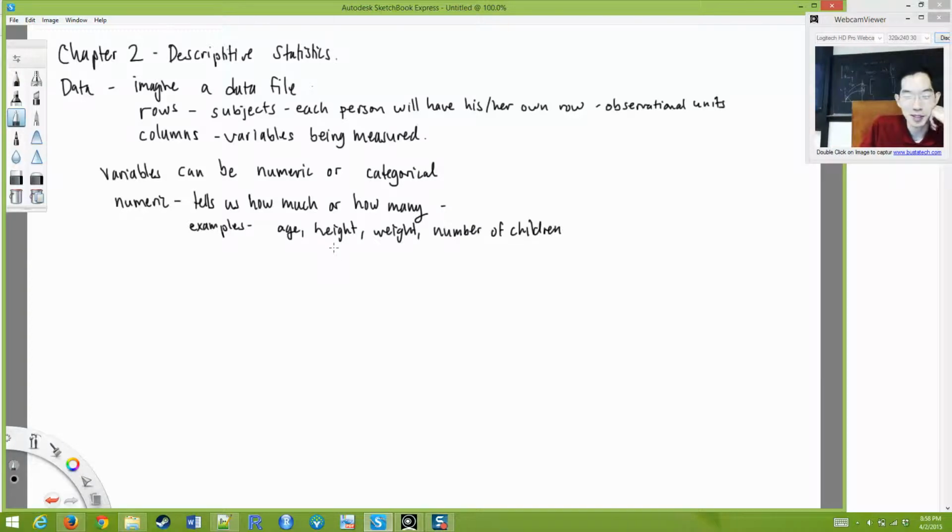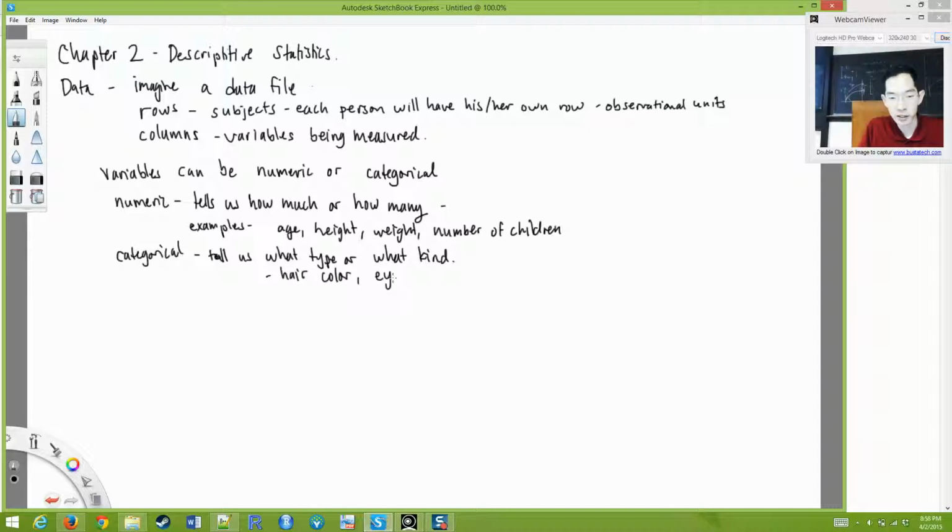That was not a good example, but numeric tells us how much or how many, whereas categorical ones tell us what type or what kind. And so if we're talking about people, it could be hair color, eye color, or male or female sex, things like that.